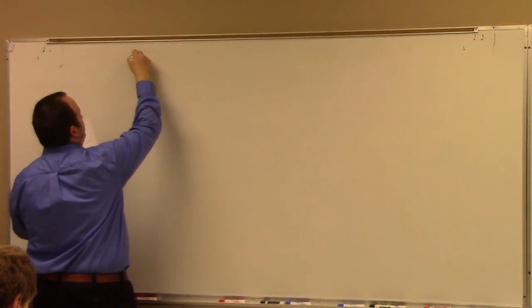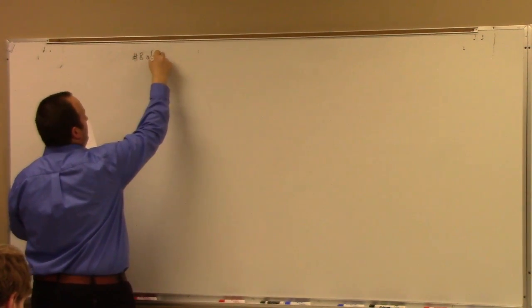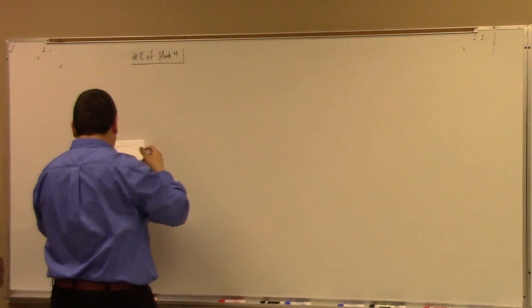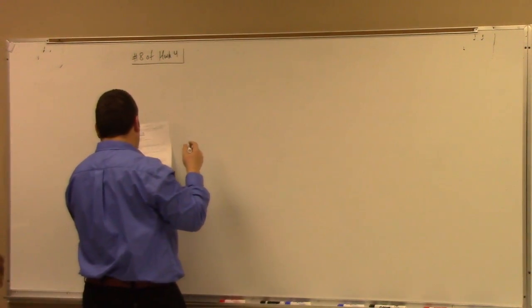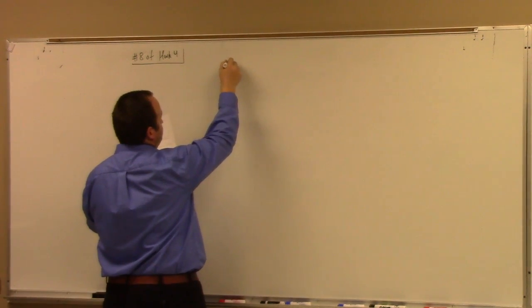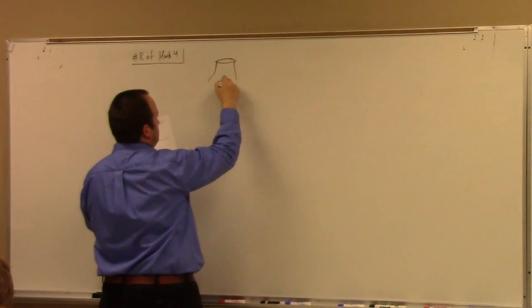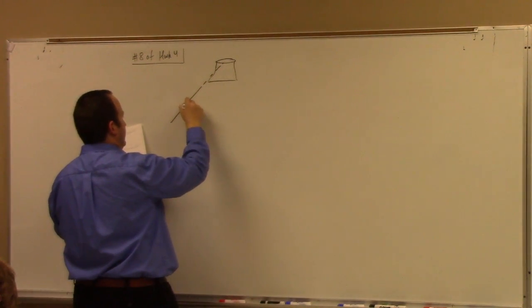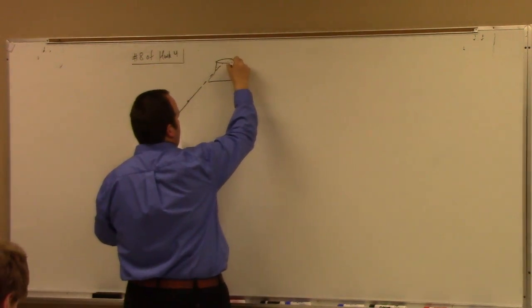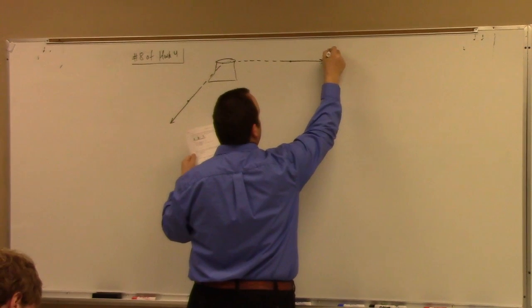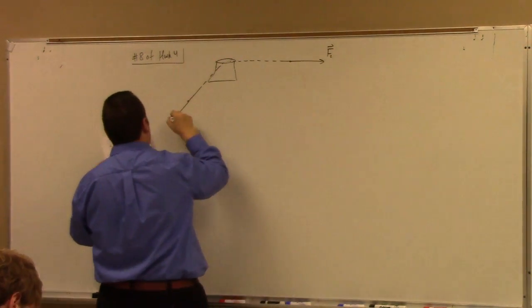This is basically number 8 of homework 4, roughly speaking. You've got 2 horses, and they're pulling on a stump. One is pulling this way, and another is pulling this way. This is F2. This is F1.